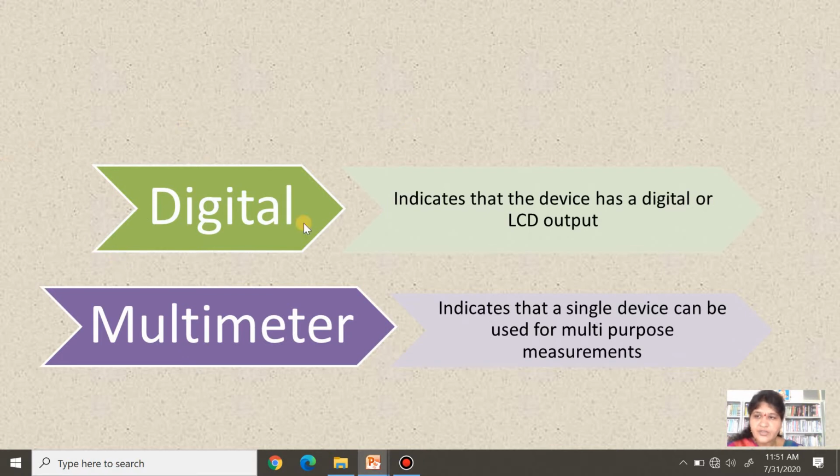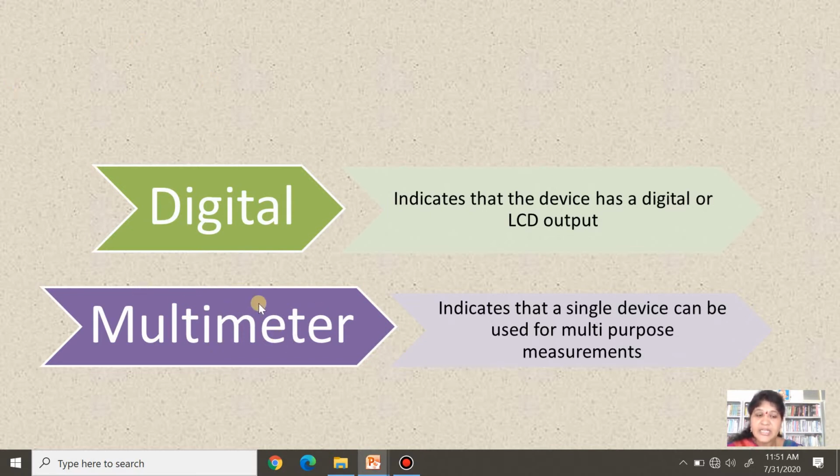Digital means that the instrument is going to give us the output in the form of numbers on a display. Whereas multimeter means that it is a metering device, it is going to measure something, and multi means various types of measurements can be made. The digital multimeter comes when we combine these two terms.